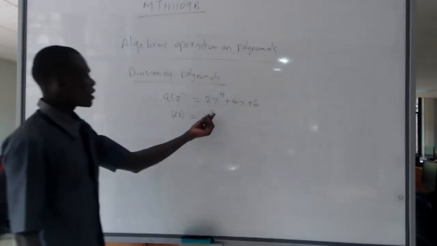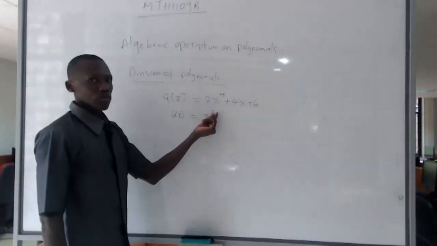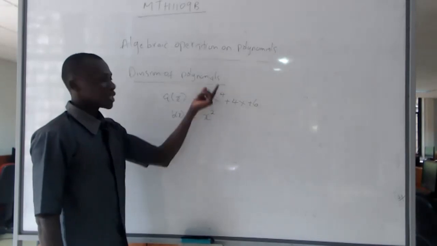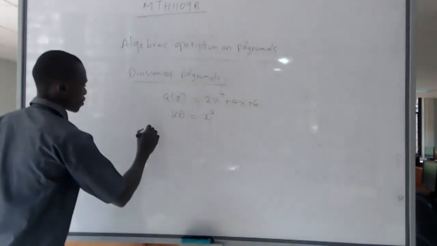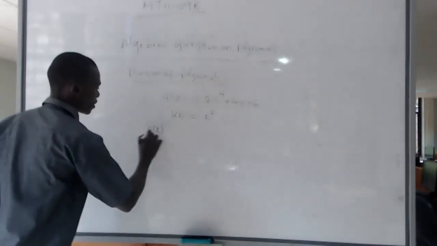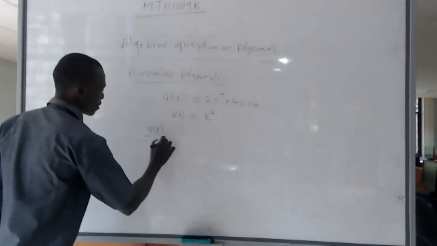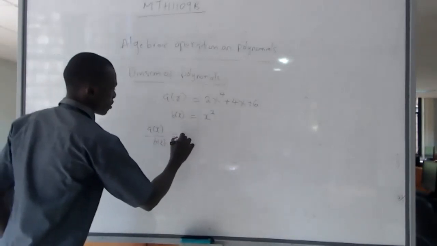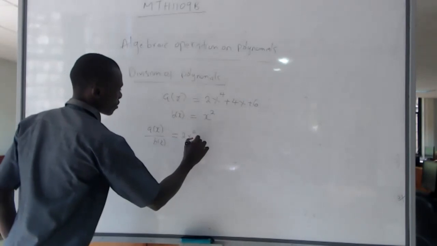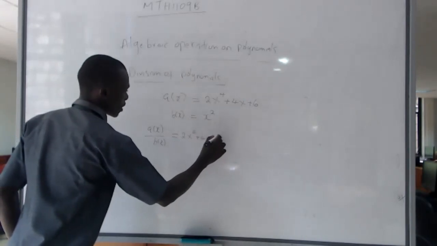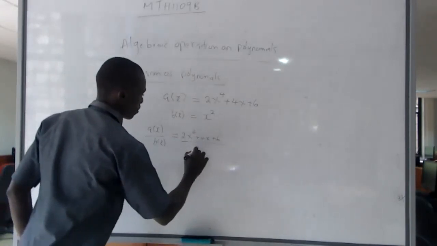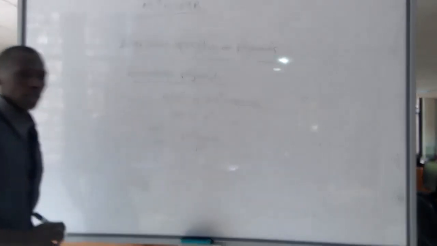Of course, the criteria is satisfied. The highest term here is 2, the highest term here is 4, so 2 is less than 4. We can divide. So we want to compute a(x) divided by b(x), simply 2x to the 4 plus 4x plus 6 divided by x squared.